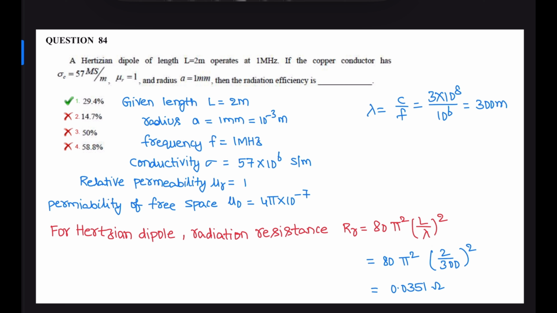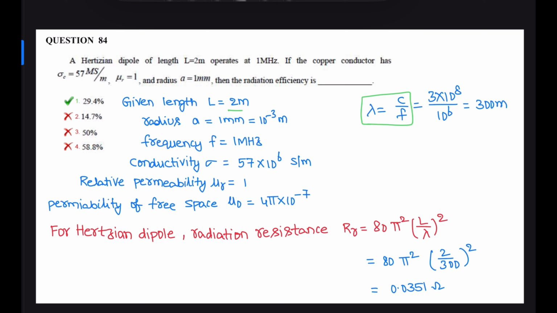We know that for Hertzian dipole radiation resistance Rr is 80 pi square L by lambda whole square. Here length L is 2 meters and wavelength lambda is c by f. c is 3 into 10 power 8 meters per second and frequency f is 1 megahertz. So from this lambda value is 300 meter.